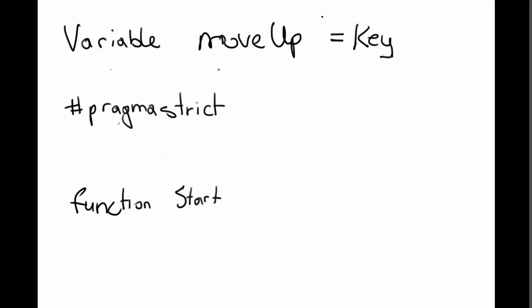So to translate this into something that Unity can understand, underneath the pragma strict, we're going to type in var, var for variable, and the name of it is going to be move up.